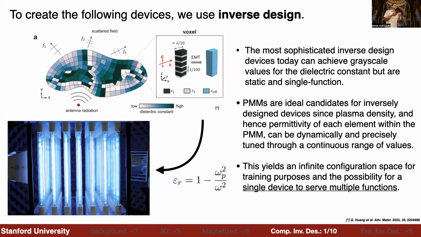You can't tune them for the actual function that they're meant to do, and you can't do more than one function with the same device. With a plasma, since the plasma density is variable, you can perform many different functions with the same device. And that's why we want to make this sort of device with a plasma element.